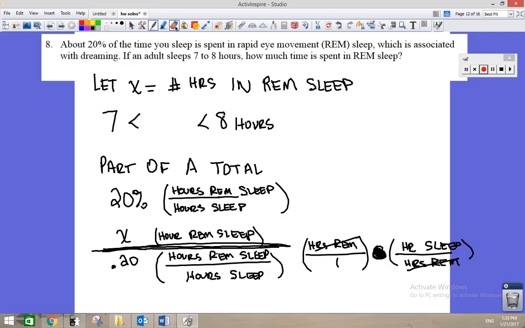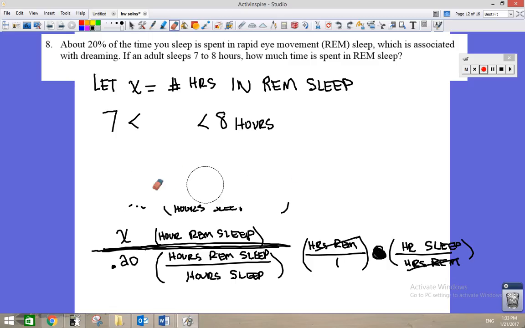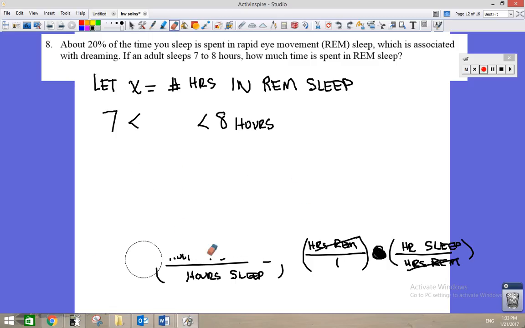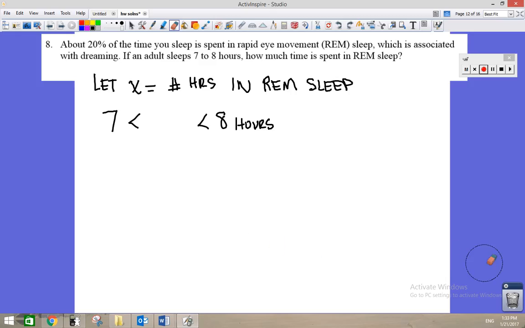So if I want to write an inequality where 7 hours is less than, I can't put X hours because X is not in hours, it's in hours of REM sleep. But X divided by this 0.2 is now in hours that you sleep. And so now I can compare that inequality.